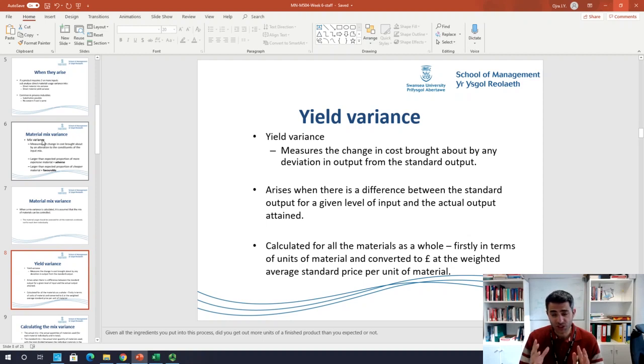For this session, as I mentioned, this is what we need to focus on: material mix and yield. The same idea applies with sales mix and yield, but today I'll focus on material mix and yield, and we will now look at the example. After the example, you should be able to understand it.